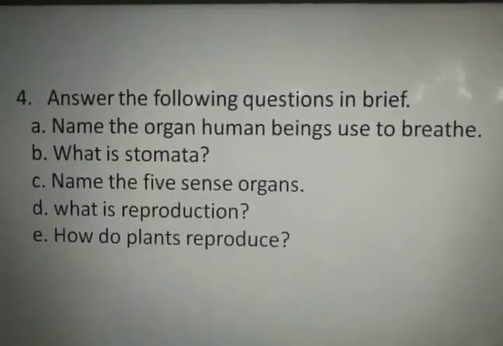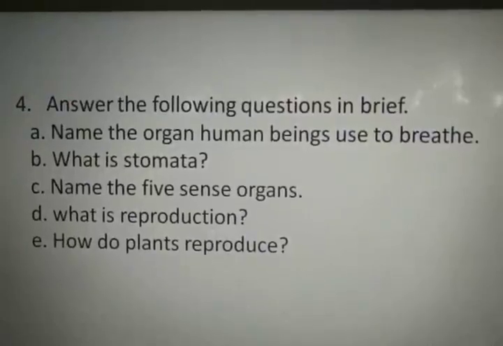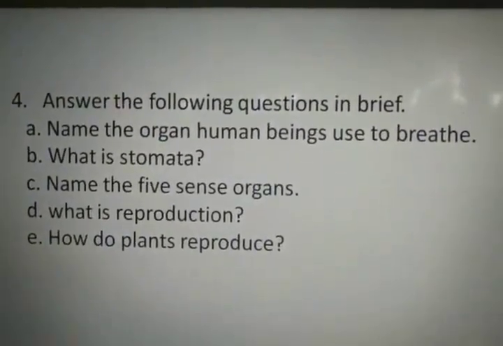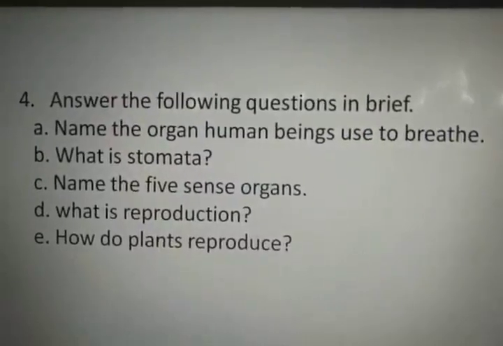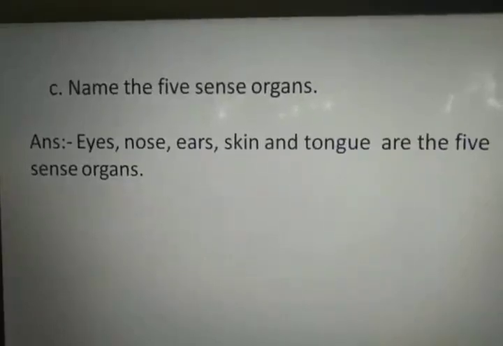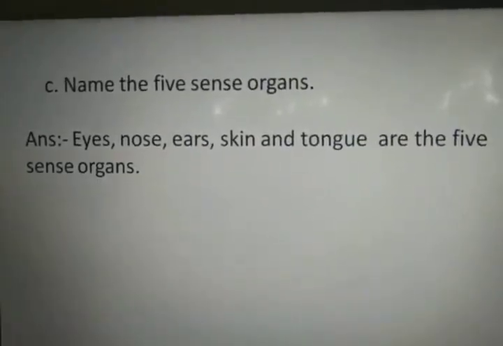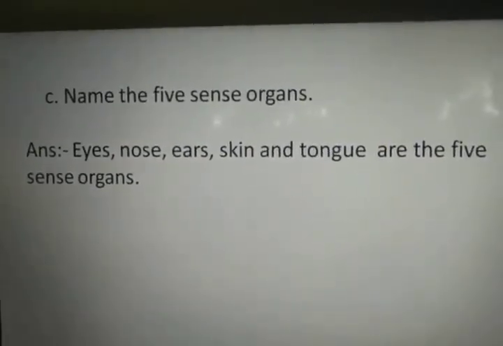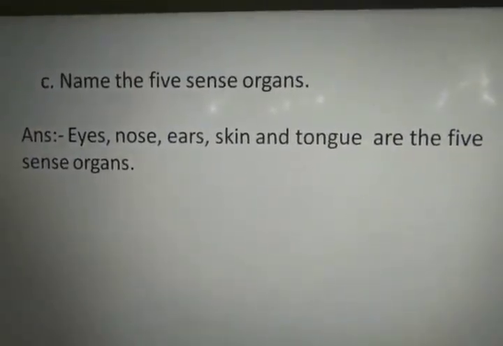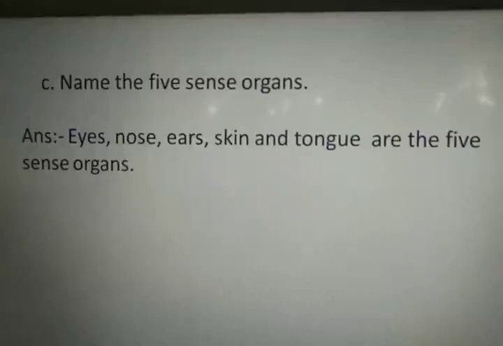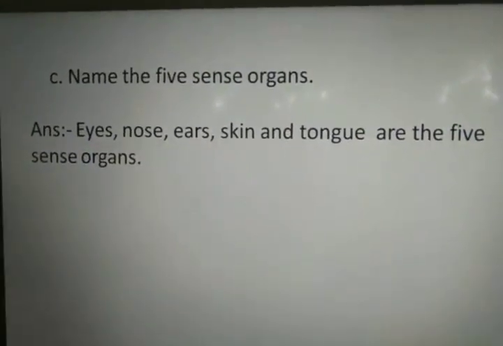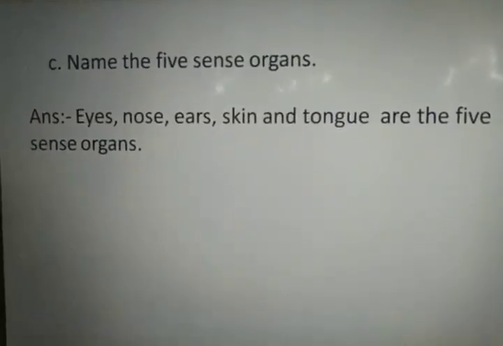So there are 5 sense organs which help us to feel the changes around us, and they are eyes, nose, ears, skin and tongue. These sense organs help us to feel changes around us.